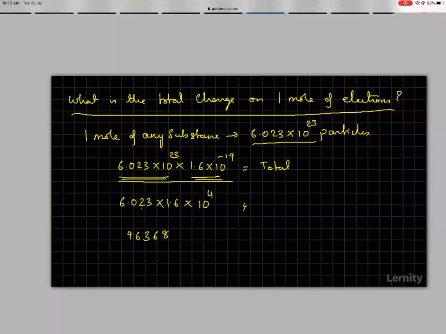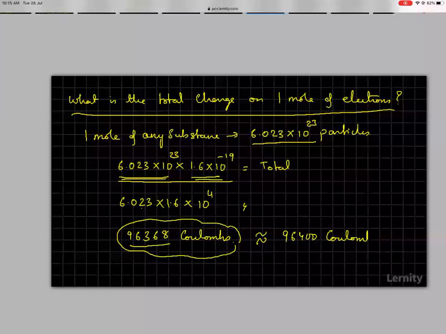So it becomes 96368 coulombs, which I can say is approximately 96400 coulombs. This number is an important number which we'll be working with later. So this is how you can find the total charge on 1 mole of electrons.